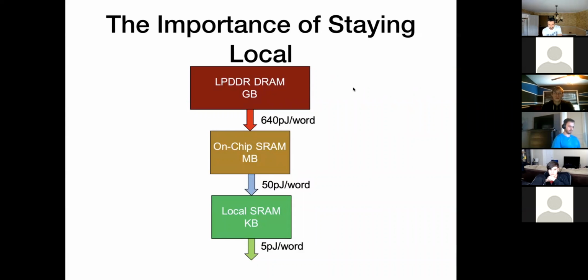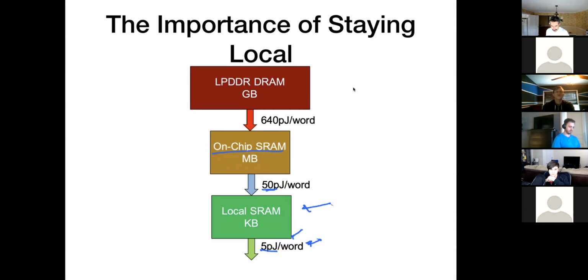So you see that if you have access to your local SRAM, you pay for each access, you pay 5 picojoules, right? If you go to your on-chip SRAM, you get basically 1 order of magnitude higher compared to your local SRAM.